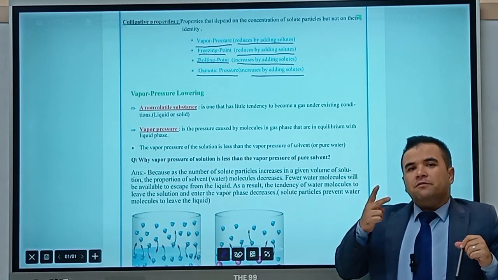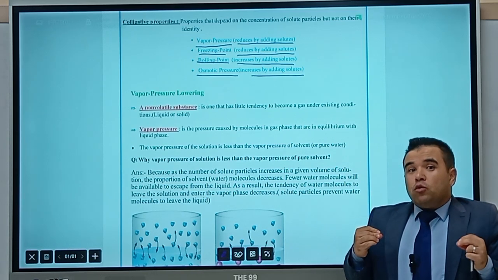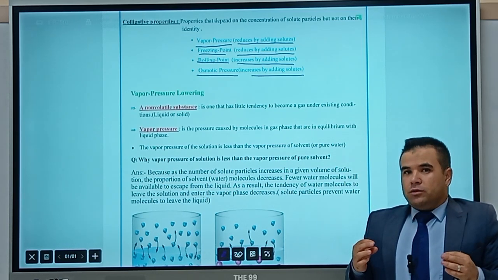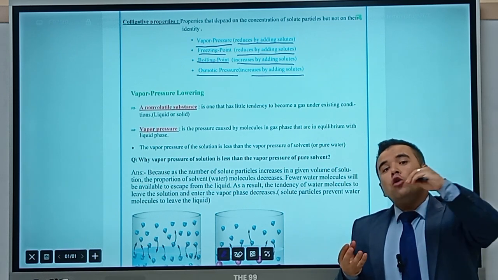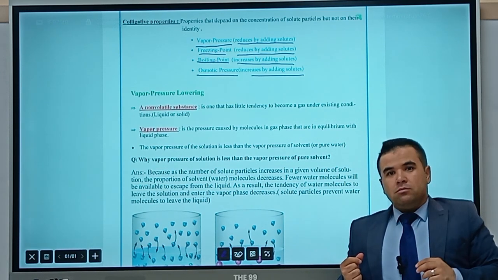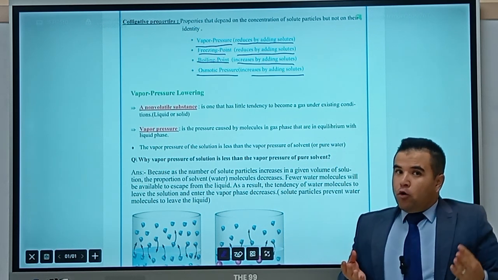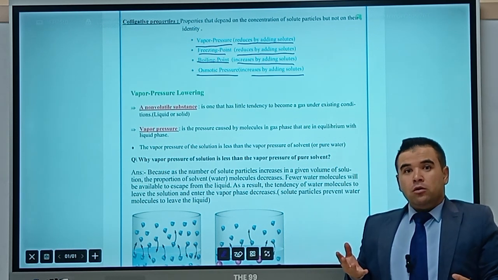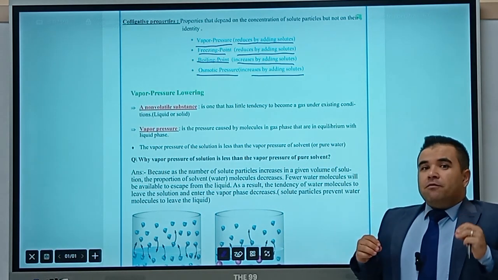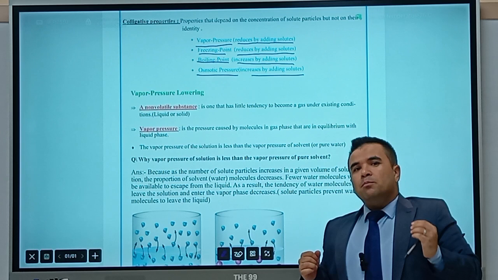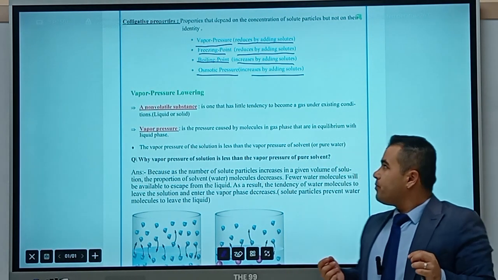Two of them, vapor pressure and freezing point, decrease; they result in a lower value when we add more solutes into the solutions. But the other two, boiling point and osmotic pressure, their value increases as we add more solute into the solvent or the solutions.